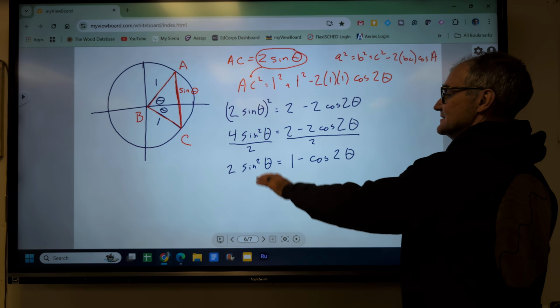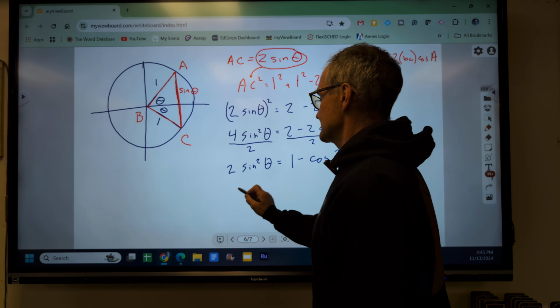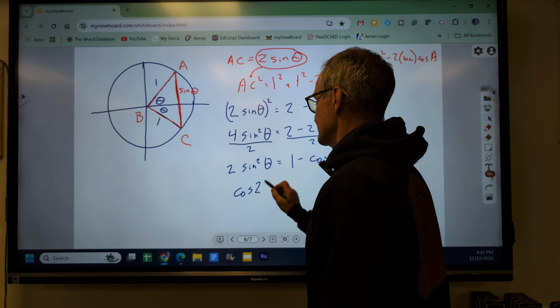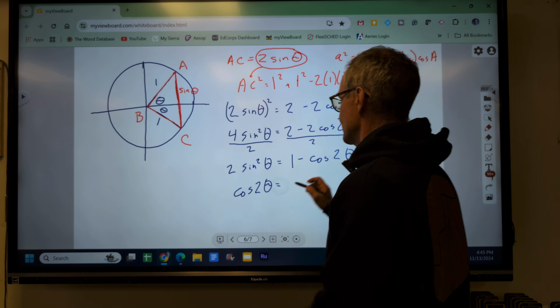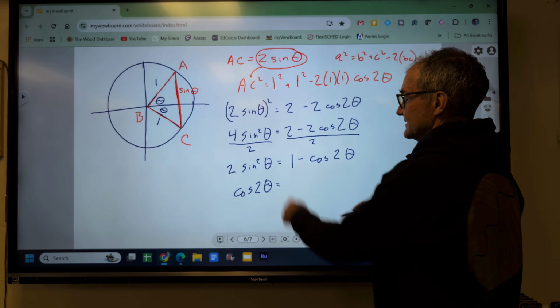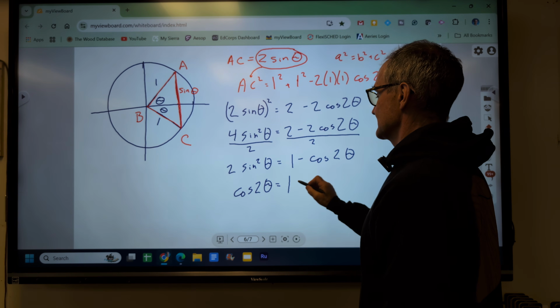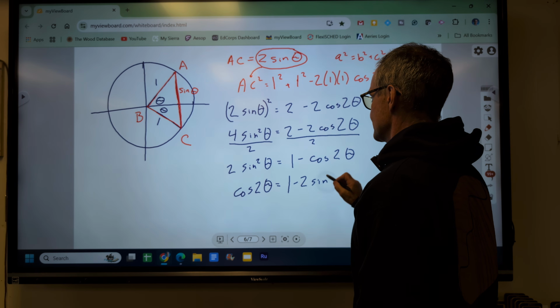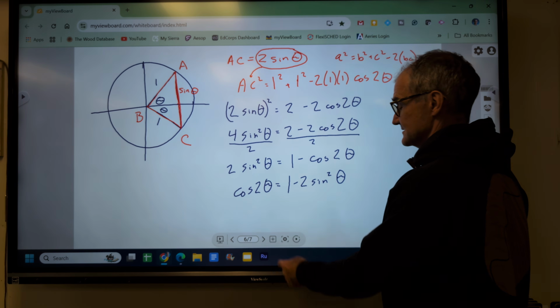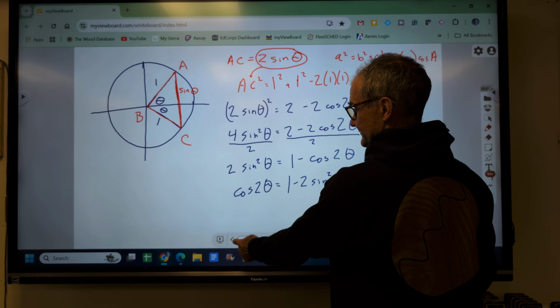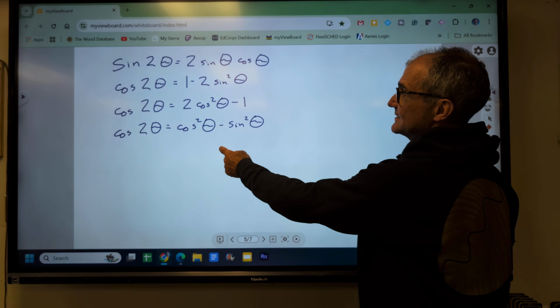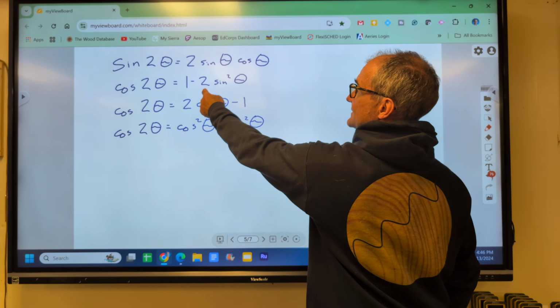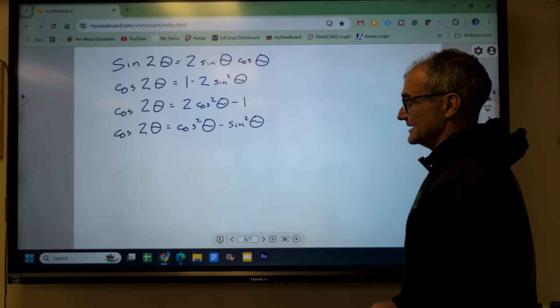Let me add this to this side to get cosine of 2 theta is equal, it's going to be positive on that side, that 1 right there, minus 2 sine squared of theta. Just go back a page, and we have cosine of 2 theta is equal to 1 minus 2 sine squared of theta.